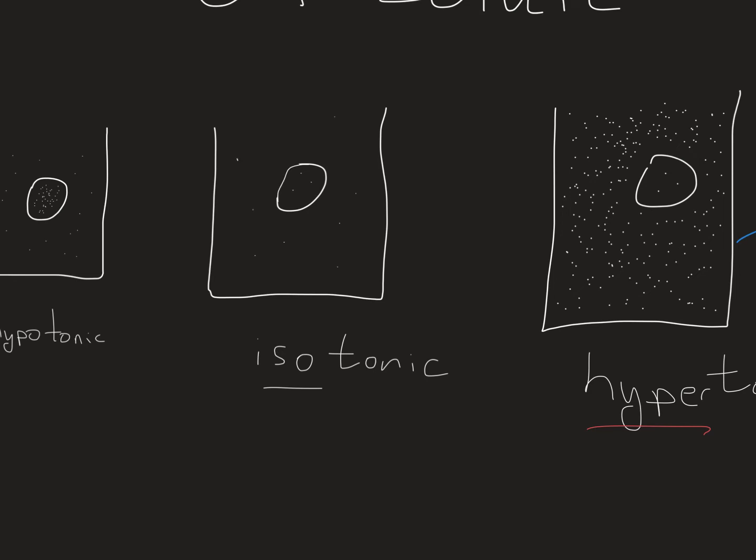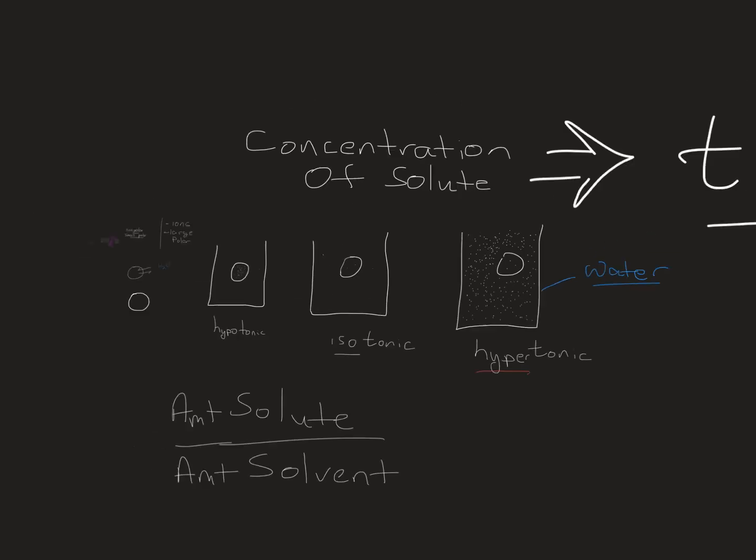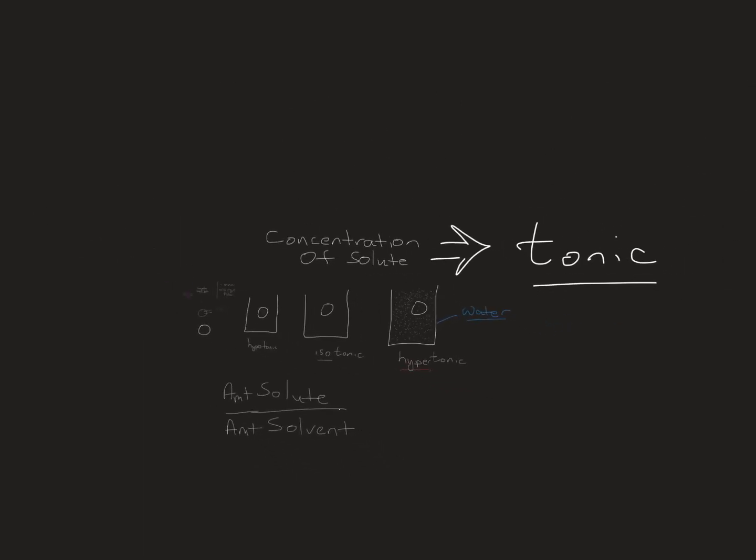The same amount of solute divided by, remember we're talking about solute divided by solvent. Amount of solute divided by the amount of solvent, usually in volumes or grams per milliliter or something like that.